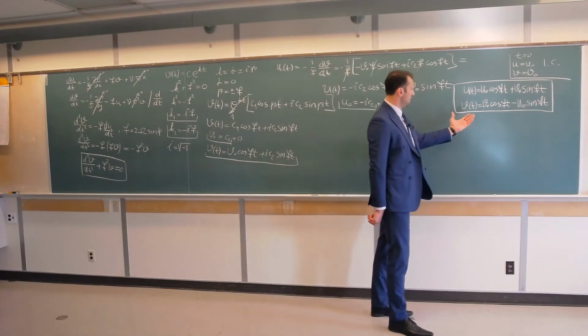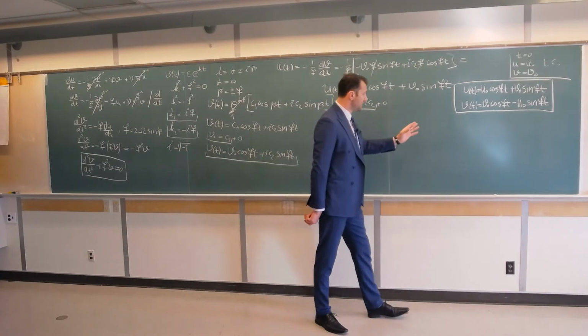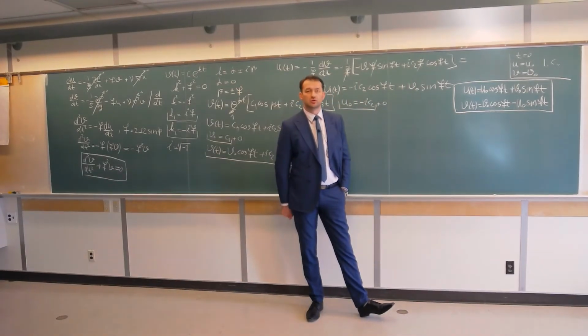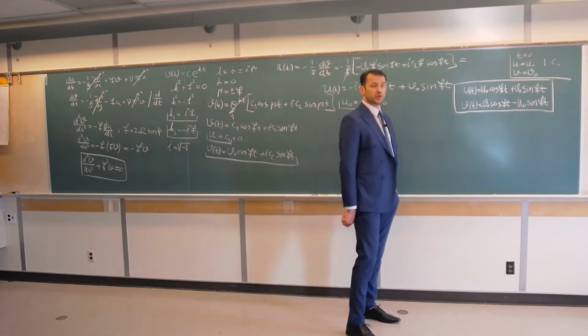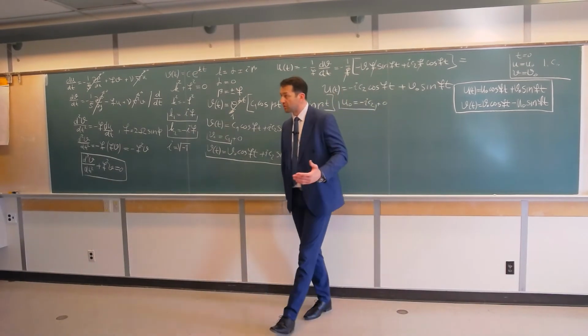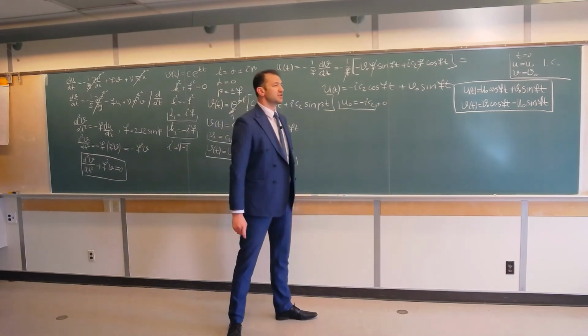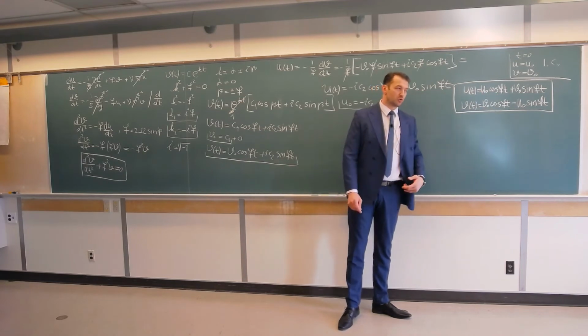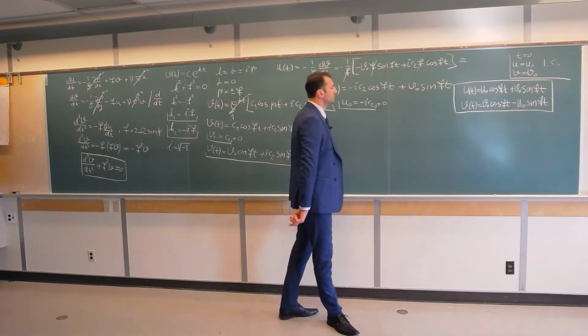Now, if you are very good at mathematics, you can see that this solution immediately gives you an equation for a circle. If you are not very proficient at mathematics, you will look at this and say, I don't see any circular motion over here. But don't panic.